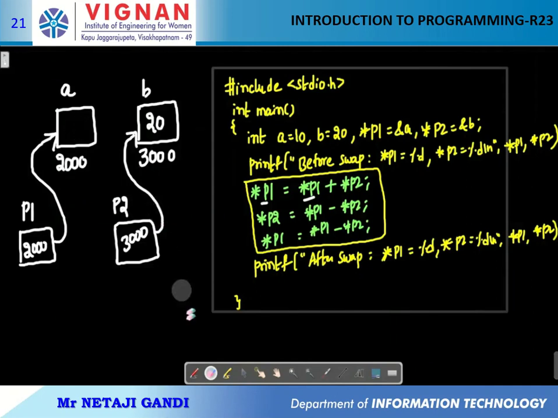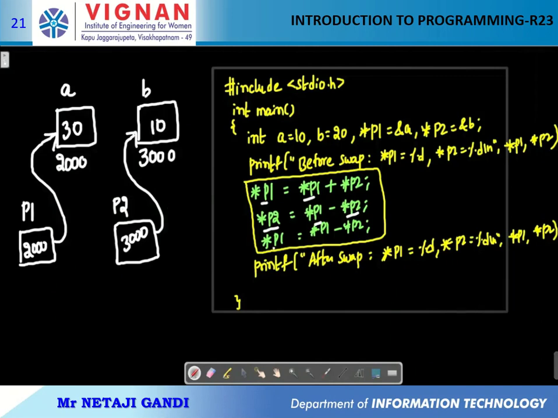So 10 plus 20 will be 30 and that will be stored inside this location which is pointed by p1. And then star p2 is equal to star p1 minus star p2. So star p1 is contained inside this location which is 30, minus star p2 which is 20. So 30 minus 20 will be 10 and that will be stored inside this memory location which is pointed by p2.